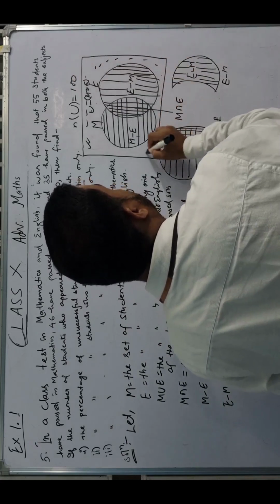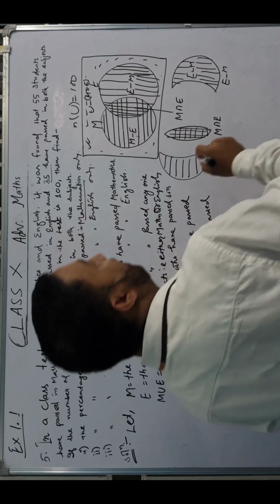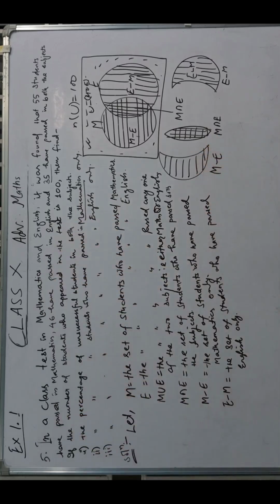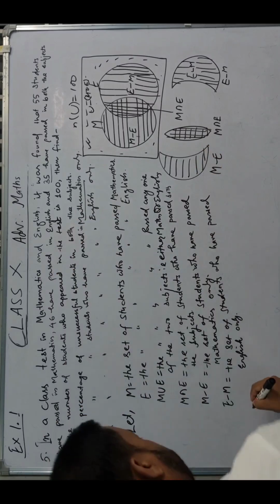Okay, this blank part will be representing what? U difference M union E. It is clear to you? Yes.